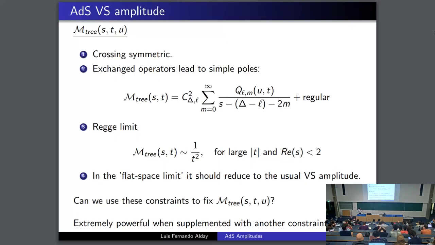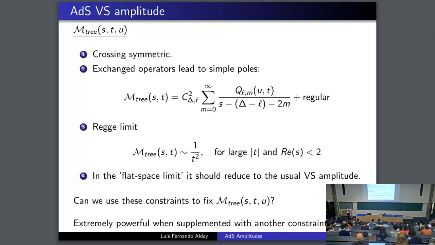First, notice that there is an infinite sum over m, and this is because in a conformal field theory, once you exchange an operator, you exchange all the descendants of the operator as well. And the second point is that these polynomials are much more complicated than the polynomials we have in flat space, because they are what we call Mack polynomials.